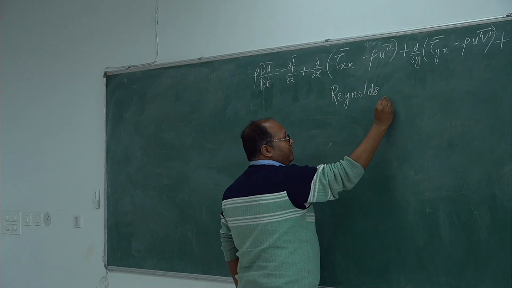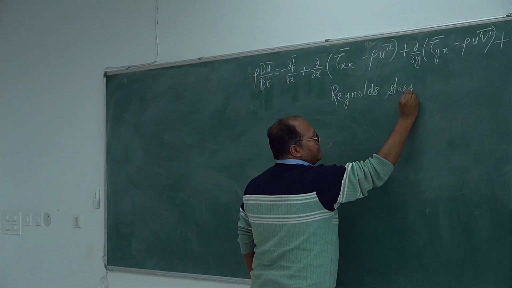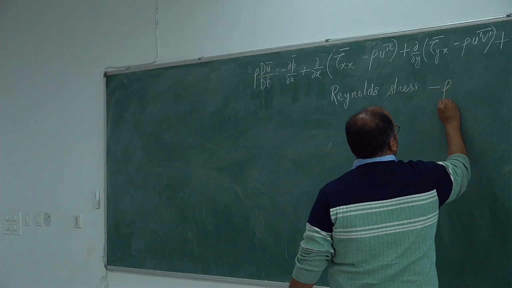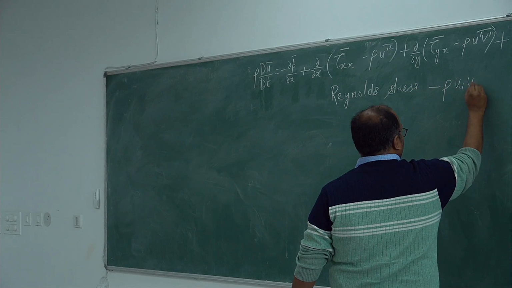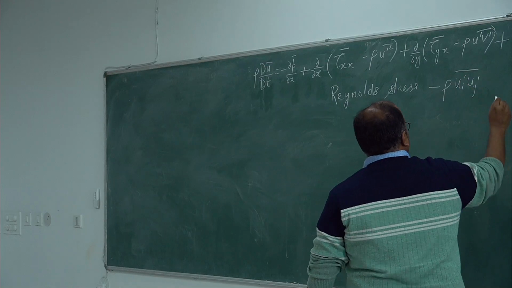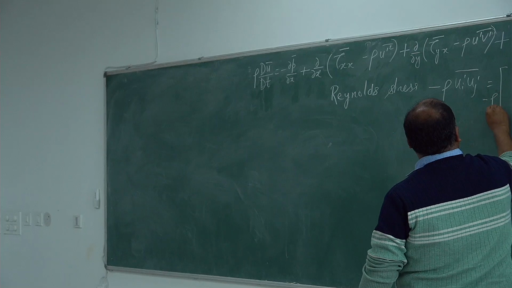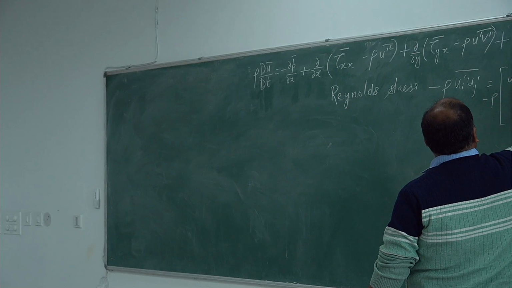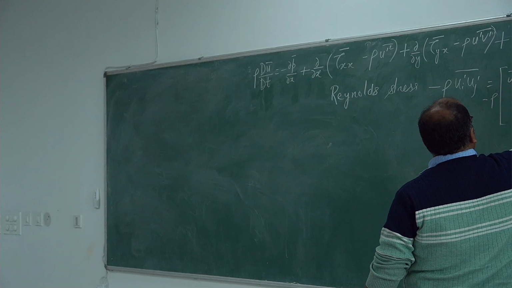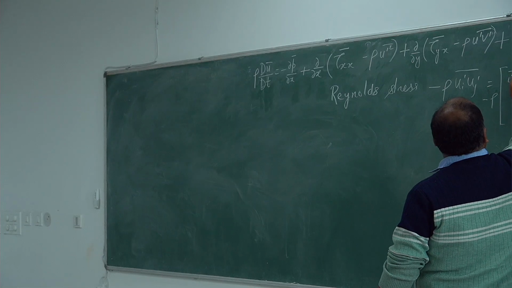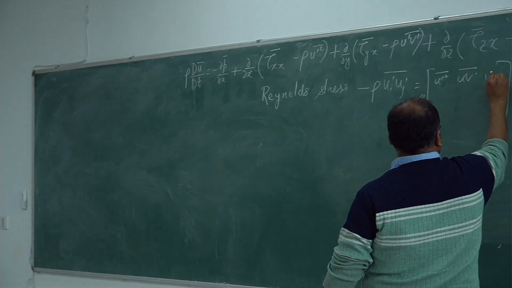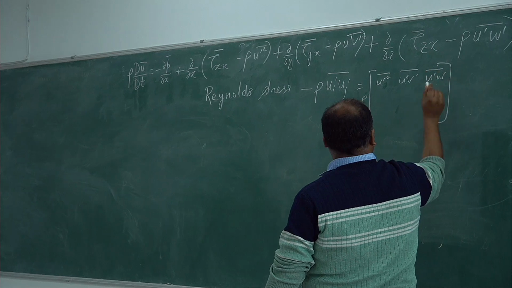and we also yesterday wrote the matrix form. So minus rho ui uj dash, and we wrote down the total matrix, minus rho u square, u dash v dash, u dash w dash.